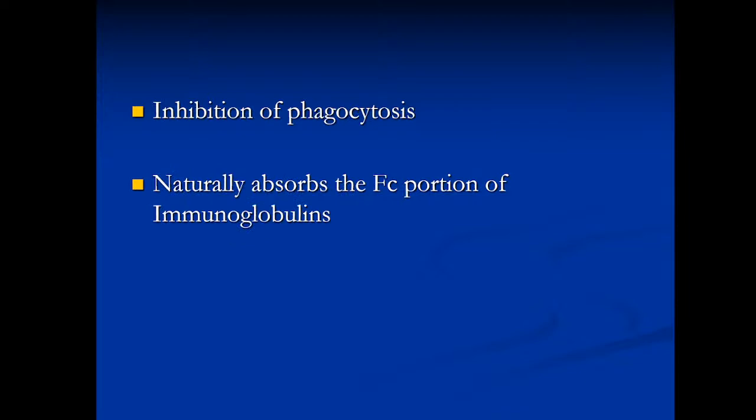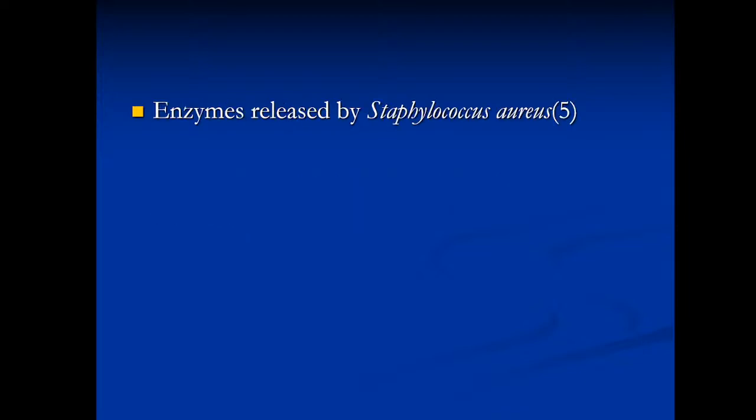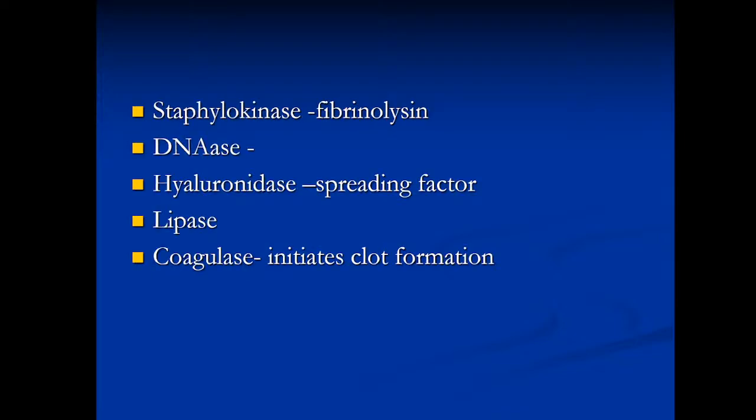All right. So now let's move on to the enzymes that are released by Staphylococcus. Please don't forget the following: staphylokinase, DNase, hyaluronidase, lipase, and coagulase. These are the actions of the following. DNase basically destroys DNA, lipase destroys lipids, hyaluronidase is the spreading factor.